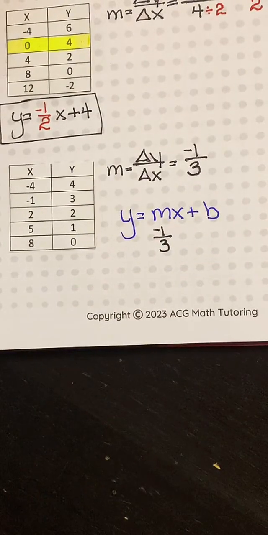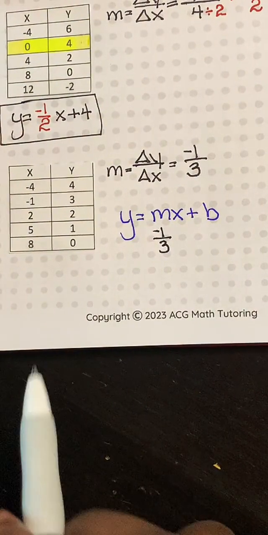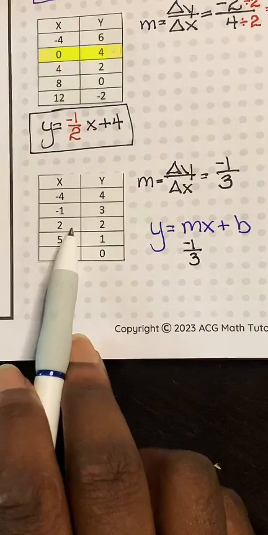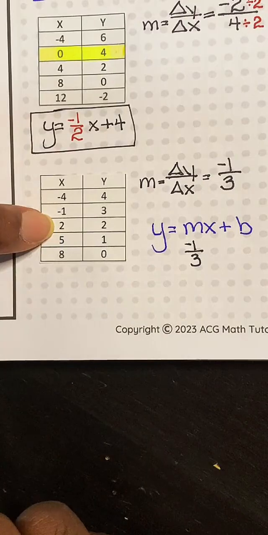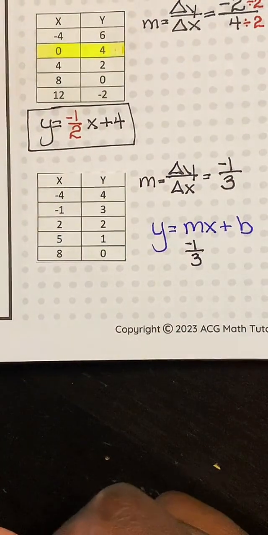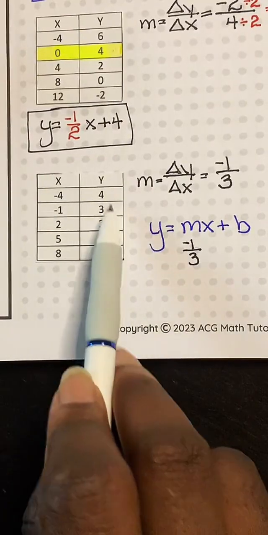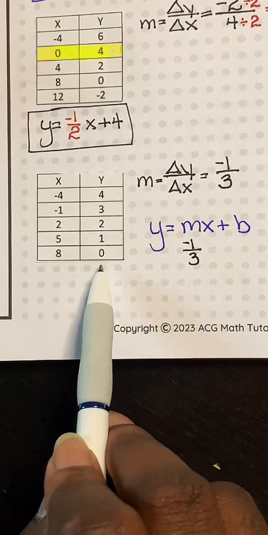But we're looking for our b. Okay? So I know just by looking at the table, my 0 is somewhere in between this -1 and 2. So instead of me trying to fake the funk and try to figure out where it is, I'm going to pick one of the points and I'm going to make it real easy for myself.